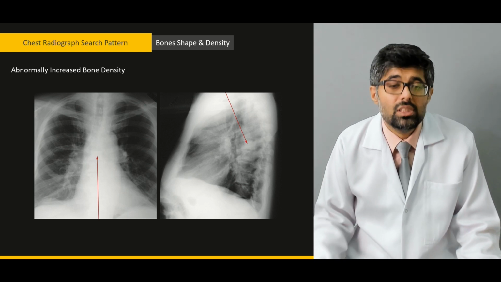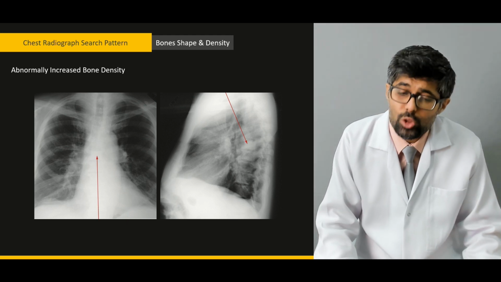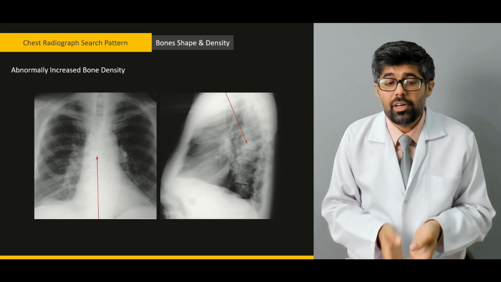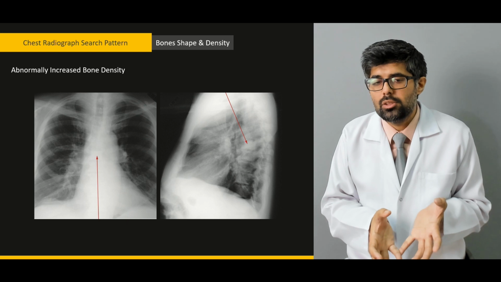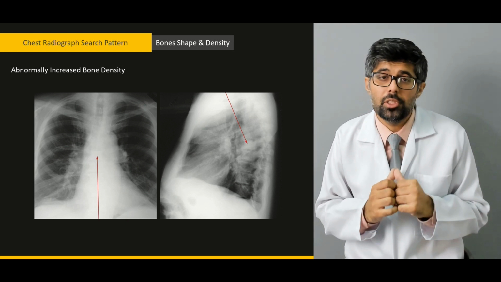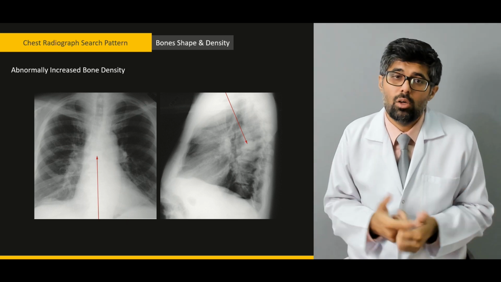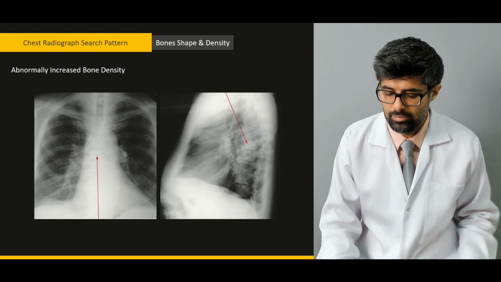Whatever the cause is, it must be investigated. Also, on chest X-ray, fractures or hairline fractures, displacement of joints of both the sternum and the shoulders can also be located, verified, and diagnosed.